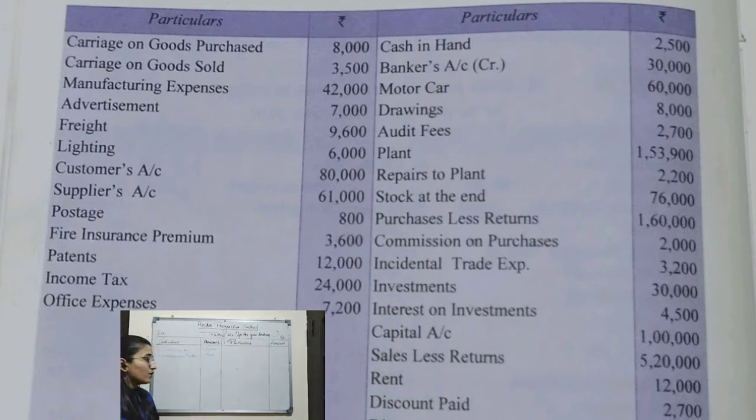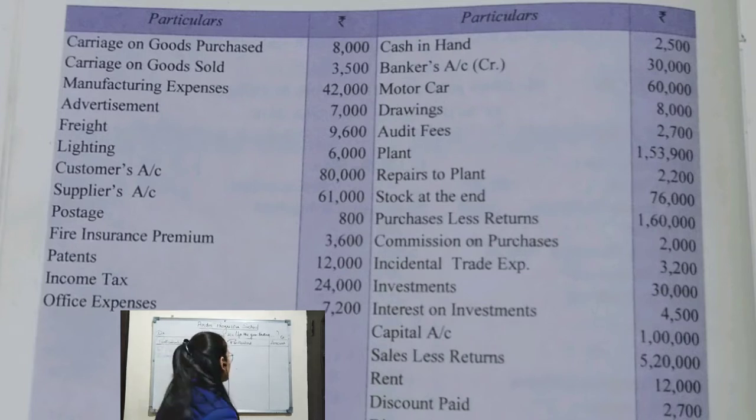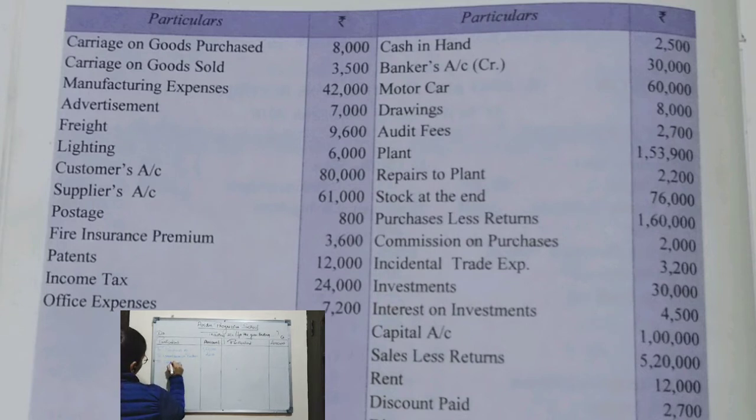Here also the carriage is paid on goods purchased. Carriage means when the goods are transferred from the place of manufacturing to the place of purchase or sale. So we will write here to carriage on goods purchased.